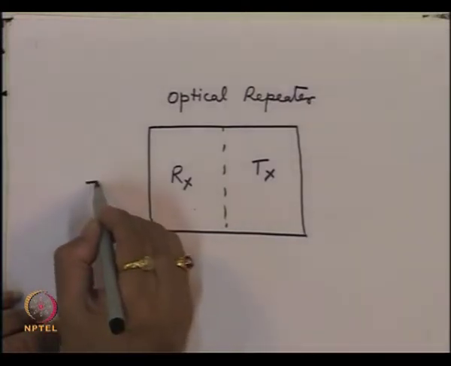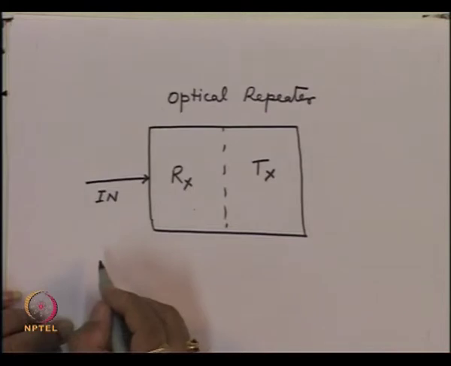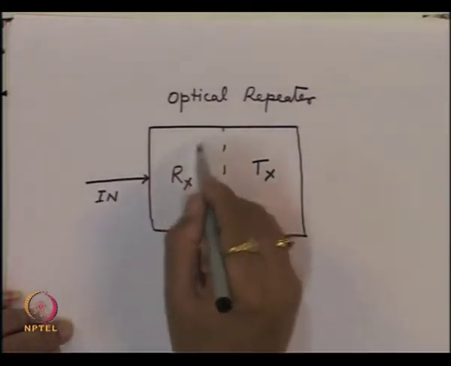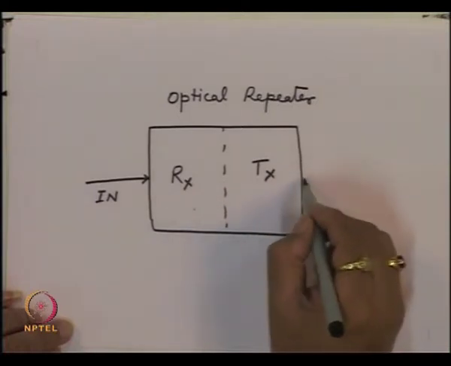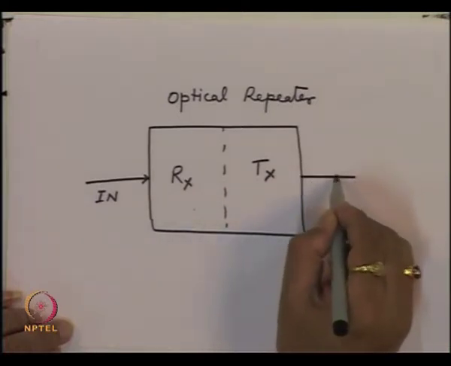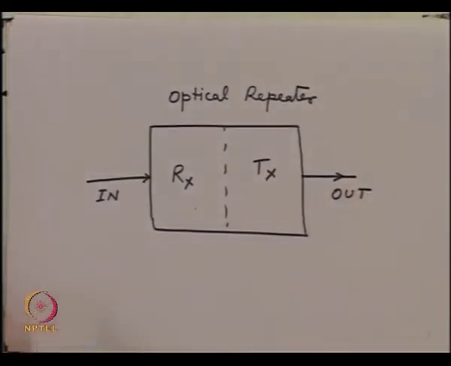The signal is received from here, detected, converted into electronics, cleaned, supplied to the transmitter, and the signal is sent again in the optical form from here. So essentially an optical repeater is a back-to-back receiver transmitter combination.